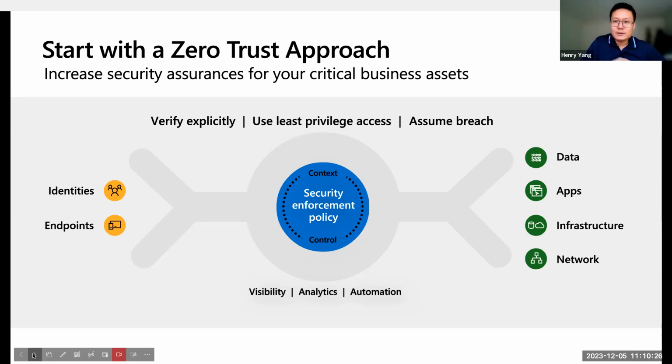These are a mix of policies you can leverage to govern and control how people use their identities and endpoints to access data, applications, infrastructure, and network. There is really a lot behind the scenes to help IT admins have visibility, analytics, and automation.